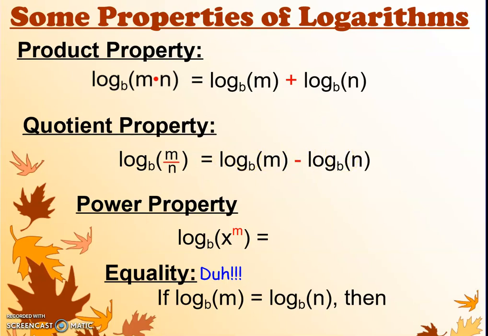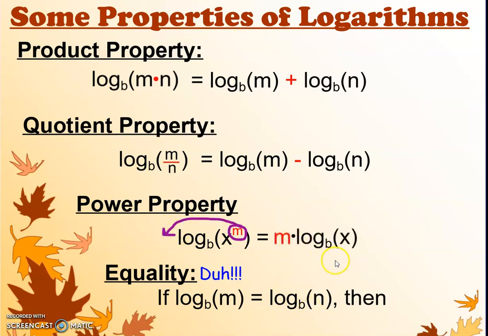But the one we didn't quite get to is this power property. And this, to me, is one of the most powerful properties of logarithms. Anytime you have an exponent inside a logarithm like we have here, the power property lets us take that exponent and bring it on down with everybody else.